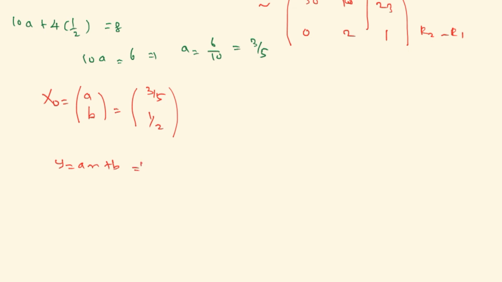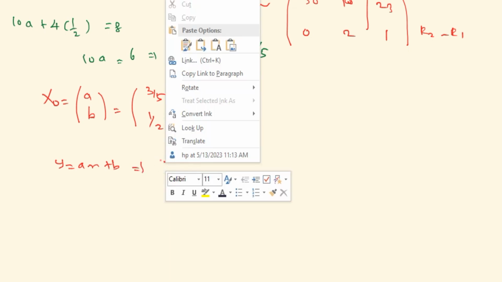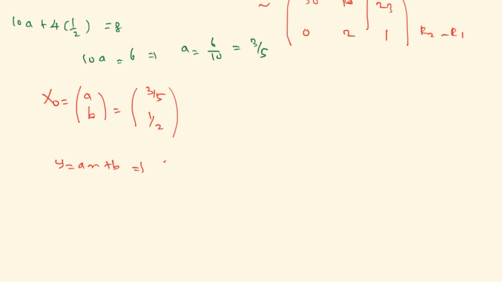So y equal to a value 3 by 5 into x plus b value 1 by 2. What we receive from the data is this; for the data, this is the best equation.